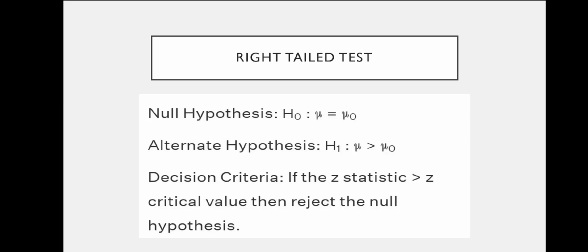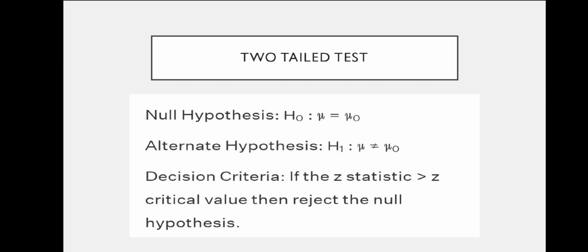Right-tailed test. A right-tailed test, sometimes called an upper test, is where your hypothesis statement contains a greater than symbol. In other words, the inequality points to the right.